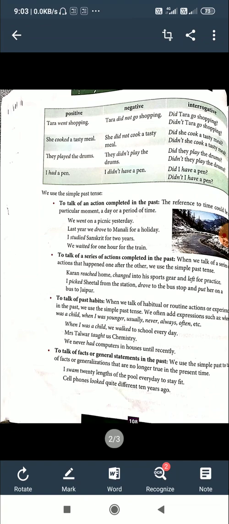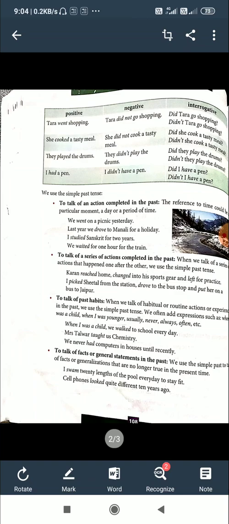Mrs. Talwar taught us chemistry. That happened in the past, a habitual action. We never had computers in houses until recently. That is also a past habit. These are the examples for the use of past tense to express past habitual actions.